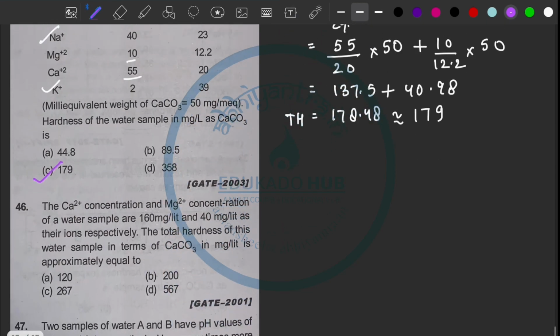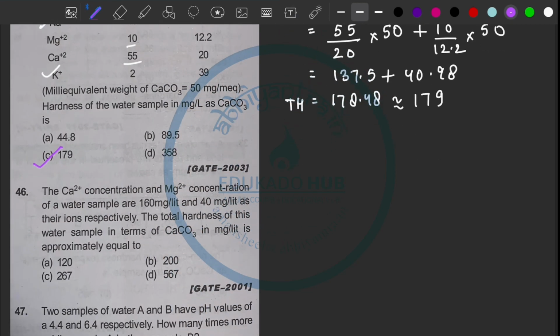Let's see the next question, which is calcium concentration and magnesium concentration of water sample are 160 milligram per liter and 40 milligram per liter. Total hardness, again we need to calculate total hardness in terms of CaCO3. So the total hardness here will be calcium ions concentration 160 divided by equivalent weight of calcium into equivalent weight of CaCO3 plus 40 divided by equivalent weight of Mg, we can take that as 12 into 50.